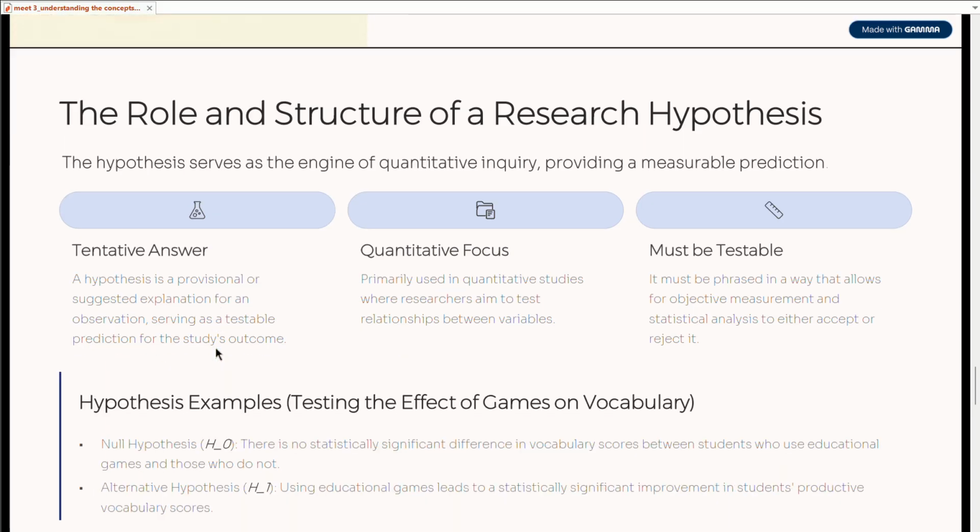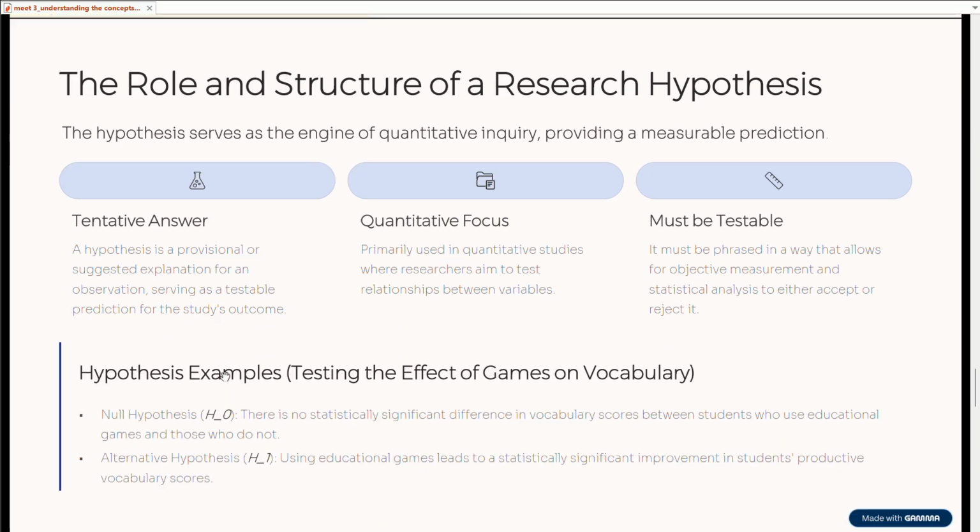Next, the role and structure of a research hypothesis. The hypothesis serves as the engine of quantitative inquiry, providing a measurable prediction. Once again, a research hypothesis happens in quantitative research.